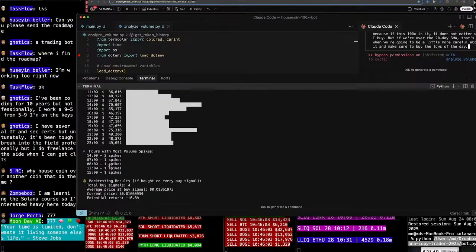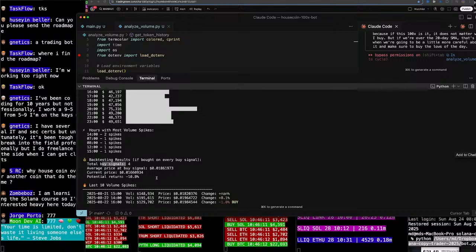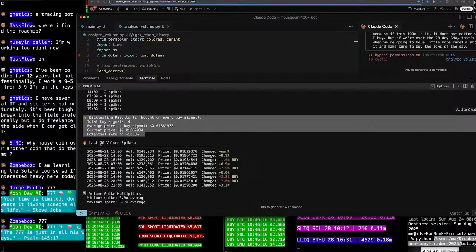Hours with most volume spikes. Backtesting results if bought on every buy signal. Total buy signal here. It backtested it? How? Volume, last 10 volume spikes.